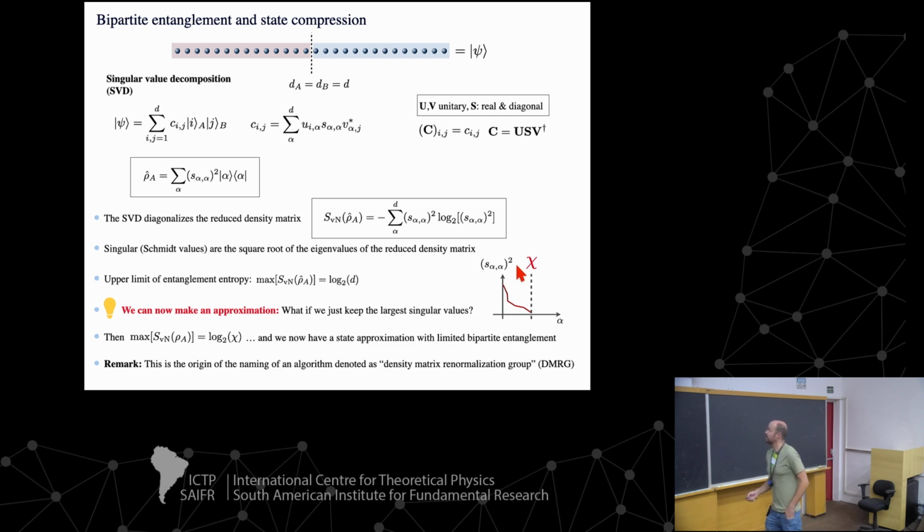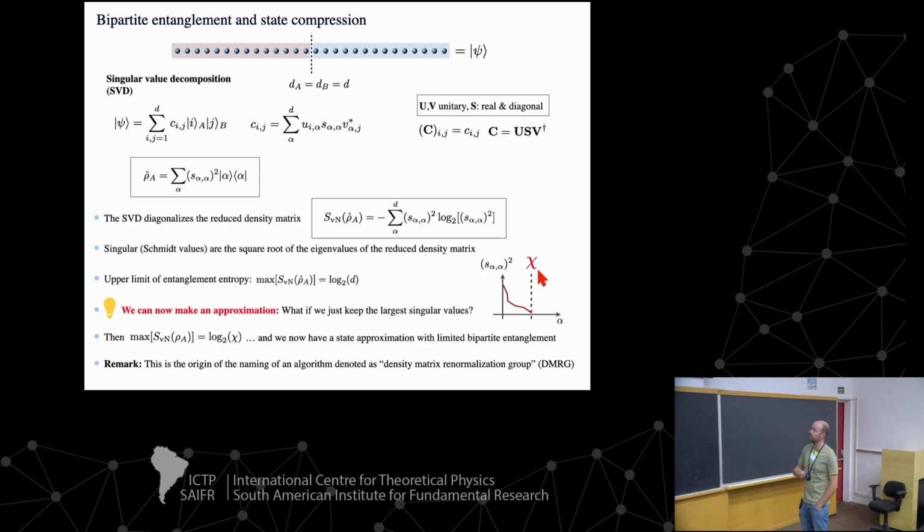Imagine I order them by magnitude, so I get some distribution of the singular values, and I have as many singular values as the Hilbert space size of my subsystem. But just imagine situations where many of those singular values are very, very small. Let's say I define a number which I call chi. I call this the cutoff.